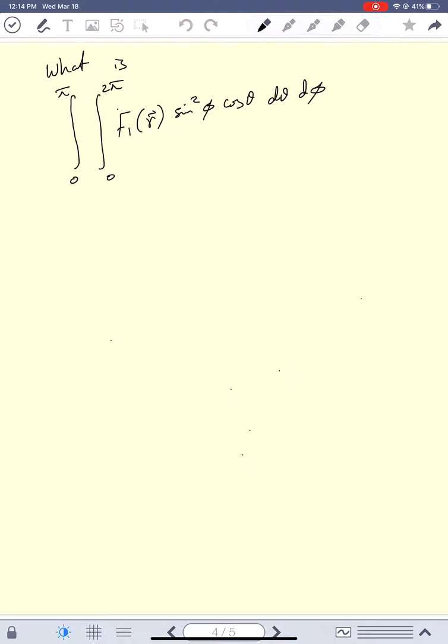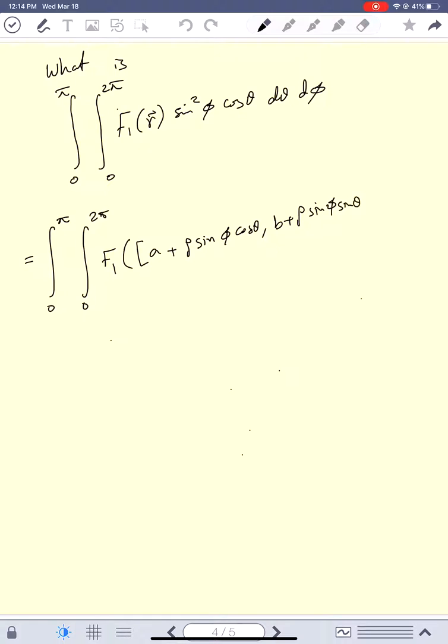What is this exactly? This is the integral from 0 to pi, from 0 to 2 pi. Now f1, this is f1 of, what is the parameterization? The parameterization, as we know it, is a plus rho sine phi cosine theta, b plus rho sine phi sine theta, c plus rho cosine phi. This is my parameterization.